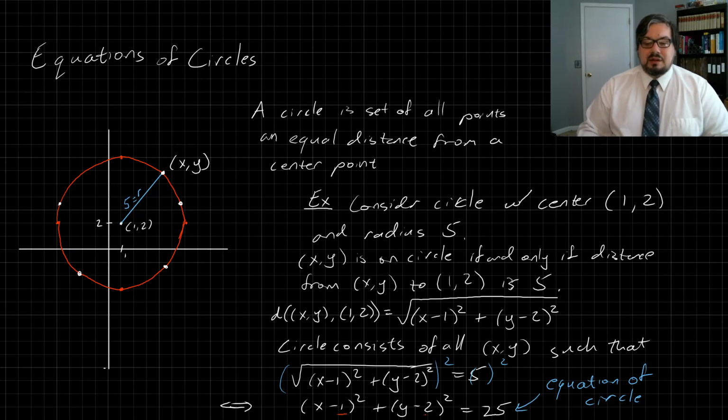And so these three numbers here in the formula, the 1, the 2, and the 25, are going to change based on the center and radius of the circle that we're working on. However, the rest of the equation, the form of the equation, isn't going to change. And in fact, this is going to give us the standard form of the equation of a circle.